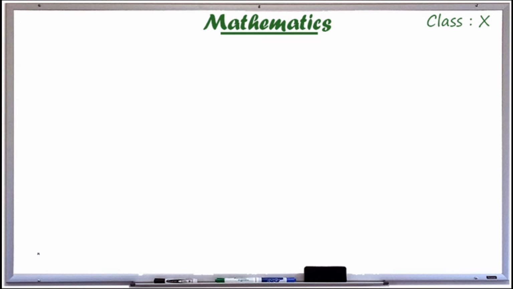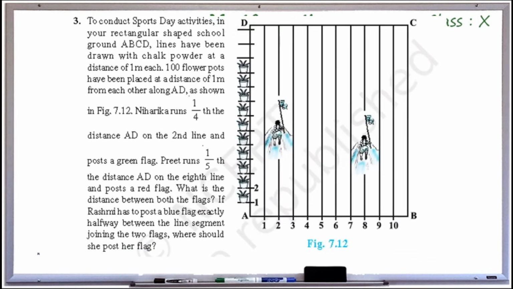We have to go to practical problems, and some of you have raised some questions, and the major question was this: to conduct sports day activities in your rectangular shaped school, ABCD lines have been drawn with chalk powder at a distance of 1 meter each. 100 flower pots have been placed at a distance of 1 meter from each other.